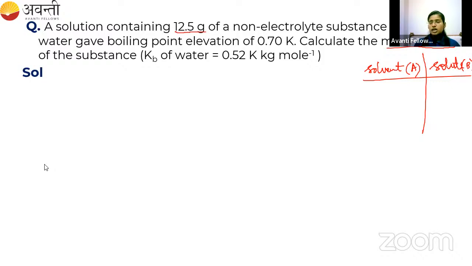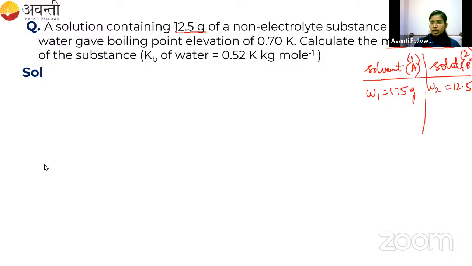The non-electrolyte substance is the solute and its mass is given. So W2, or you can keep this as 1 or 2 also. W2 is 12.5 gram. In 175 gram of water, water is the solvent and its mass is also given, 175 gram.